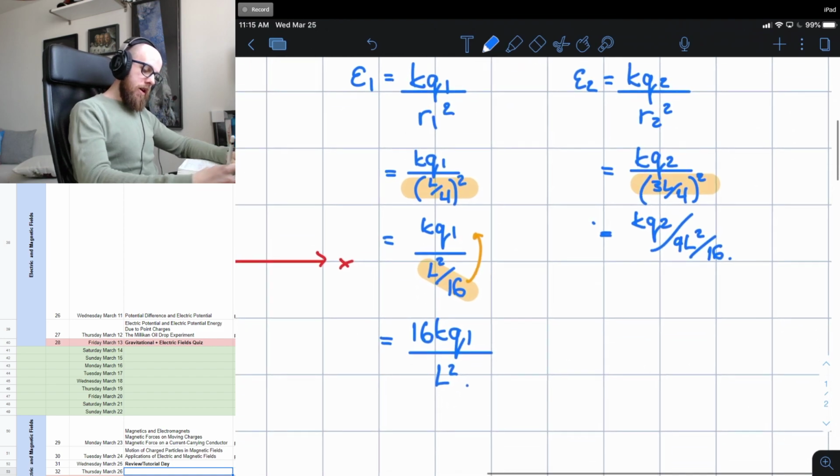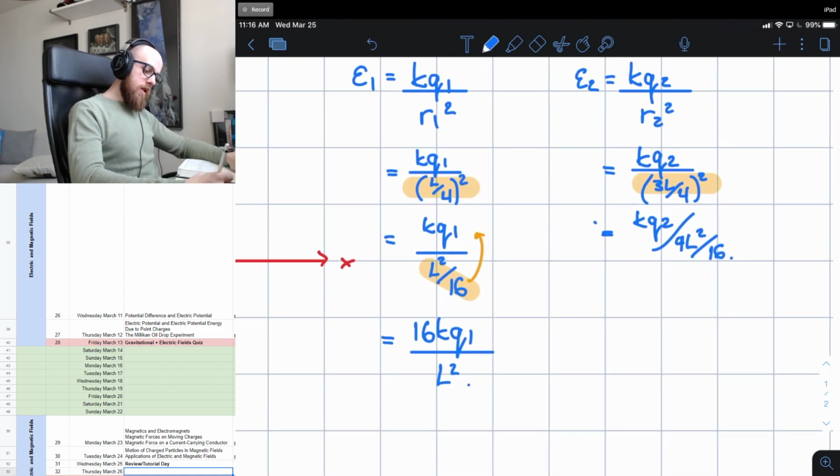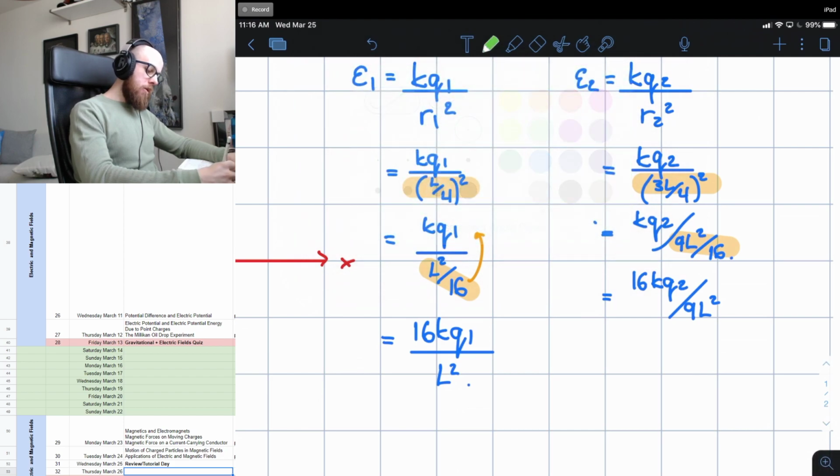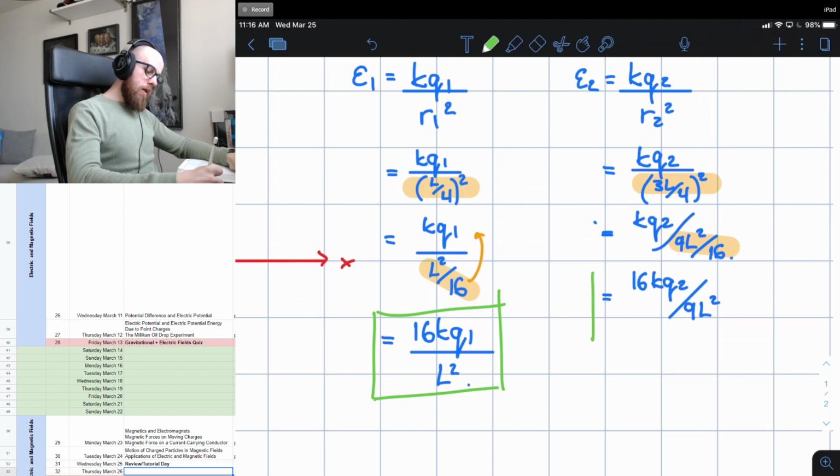Then I'm going to clean up my messy denominator, so I get 16KQ2 over 9L squared. And so what I've developed here is two equations, one for E1 and one for E2.